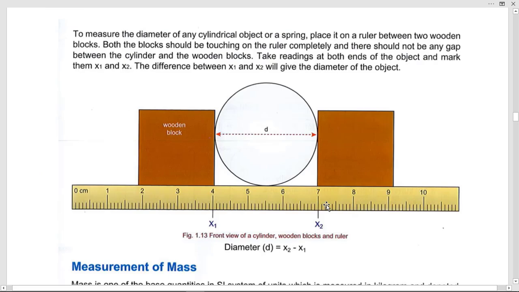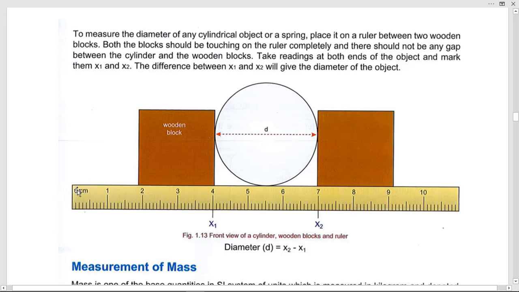Now sometimes they have given you this diagram. In this diagram they are asking to find the diameter of this ball. Now if you see, there are two wooden boxes, and if you see this box, what is the ending point of this box? It's above 4. But before making any reading, see the scale. What is that? Centimeters.